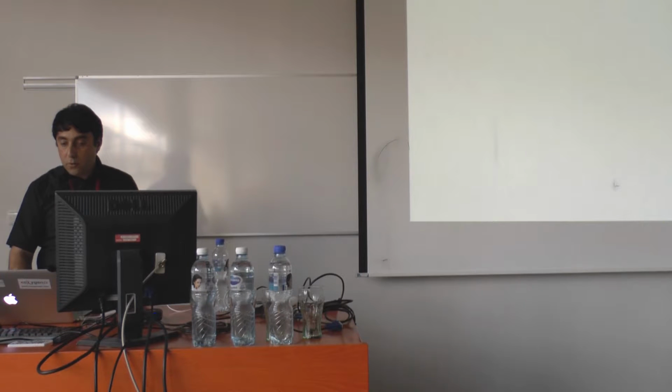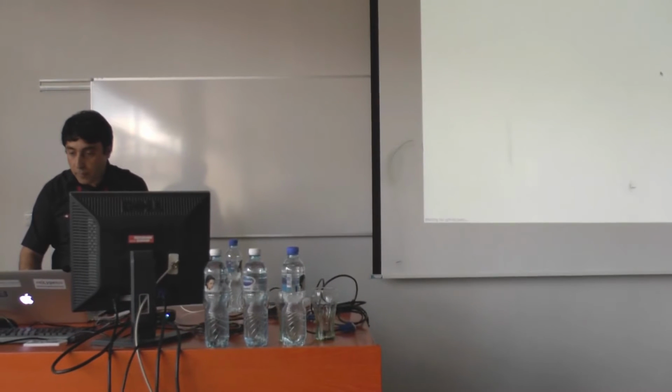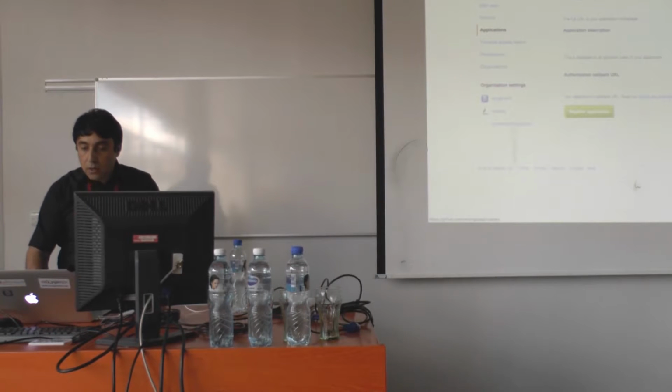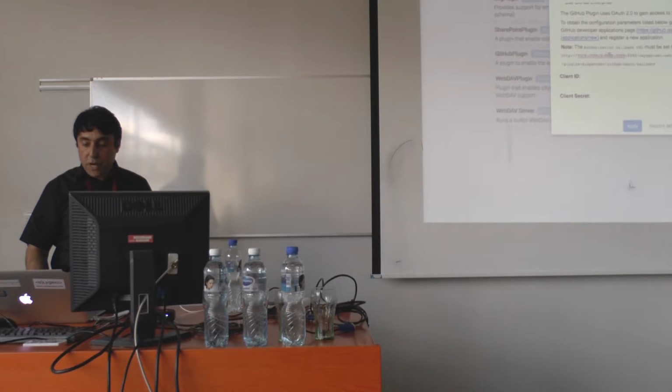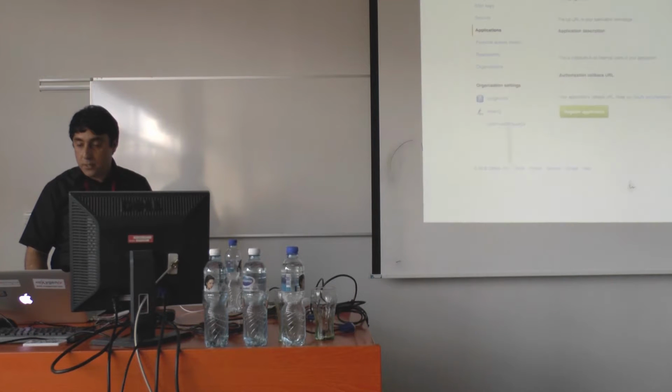So if we follow this link, you can specify here the application name, the homepage URL, and the callback URL as it's described here. It should be HTTP, your domain name, the port where the web app is installed, and then plugins dispatcher. You just follow these steps and set this link.